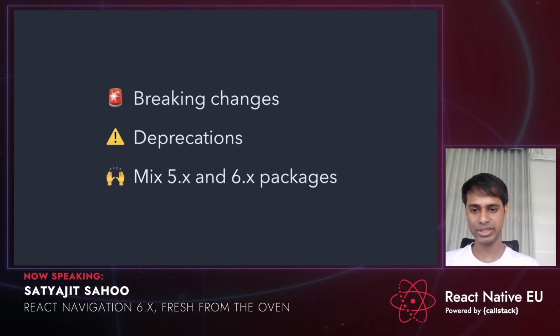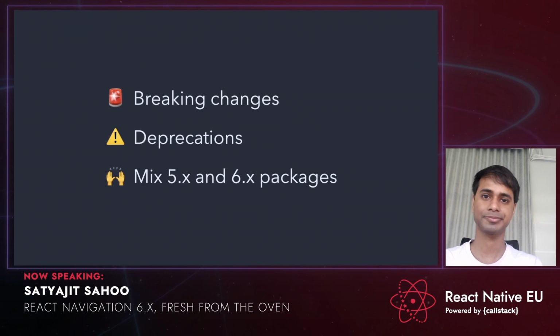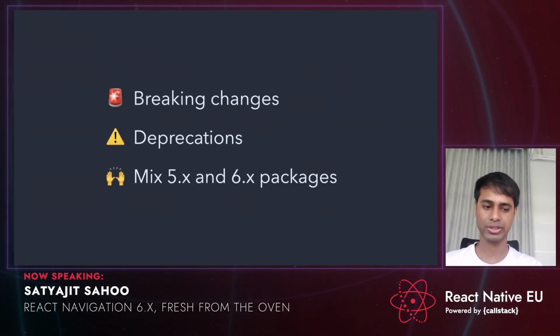As long as you keep these things in mind, you should be able to mix those versions. So go to our upgrade guide and read more about it. We have a full list of breaking changes, a full list of deprecations, and also the list of caveats when you're mixing 5.x and 6.x packages.